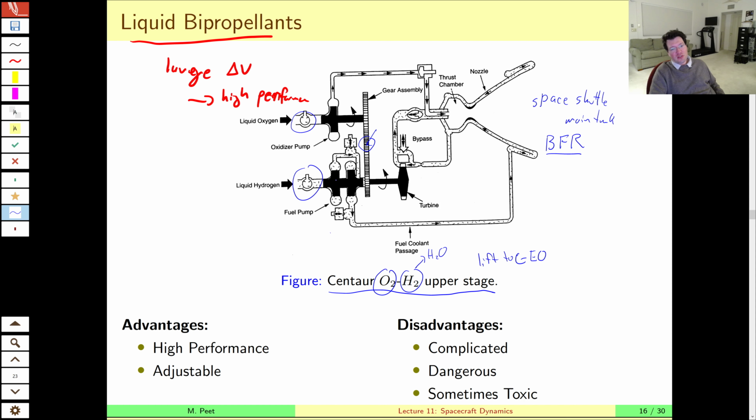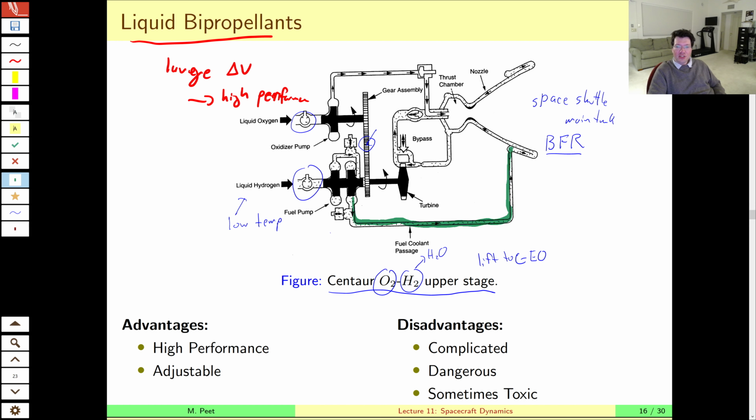And of course, hydrogen requires very low temperatures, right? Liquid hydrogen, and liquid oxygen to a lesser extent, requires very low temperatures, so very highly cooled tanks. In this design, for example, that's actually used. So we have liquid hydrogen here, very cold. It goes through this pipe, right, which is all fine.